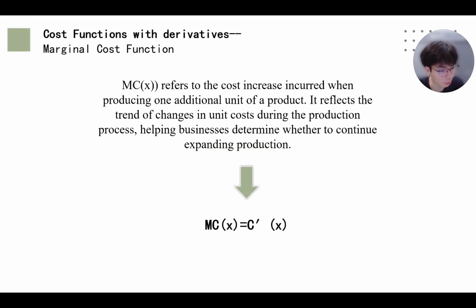And using the derivative, we derive the marginal cost function. What is the significance of taking the derivative of the cost function? The marginal cost function shows the additional cost of producing 1 more unit of a product.